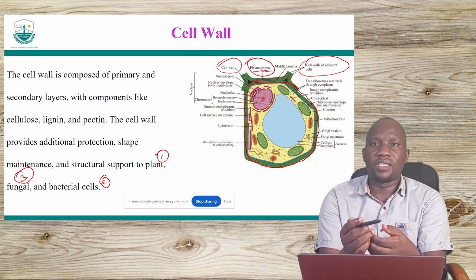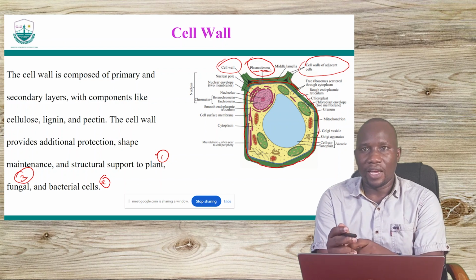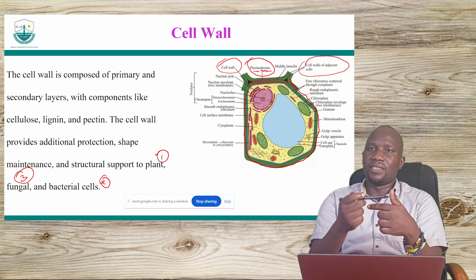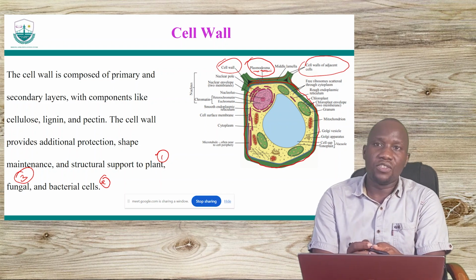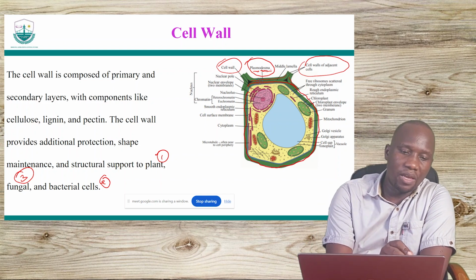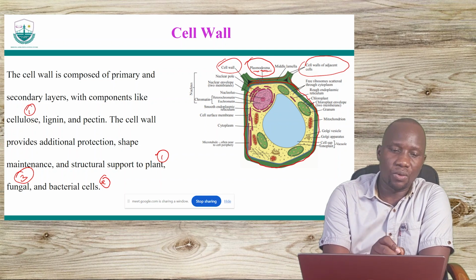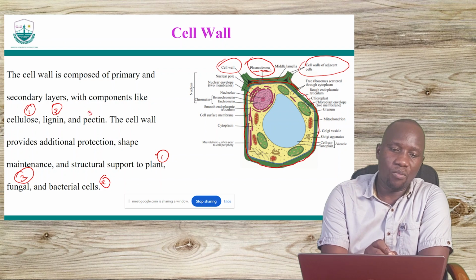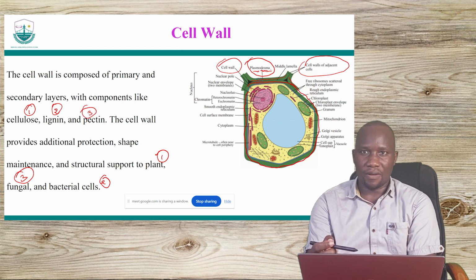So the cell wall actually has layers, the primary layer and the secondary layer, and these layers have several components. We have cellulose, which is very abundant in plants, and then also another substance called lignin, and then the third component, called pectin, is also there.